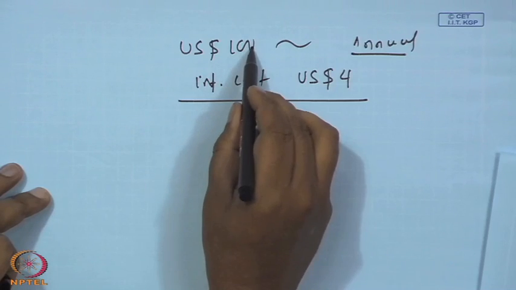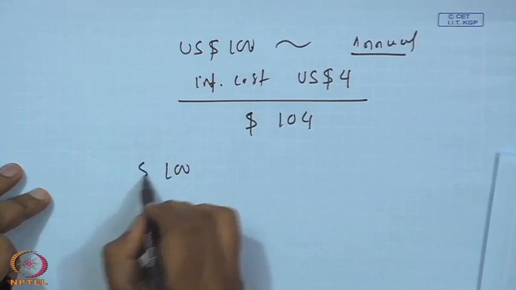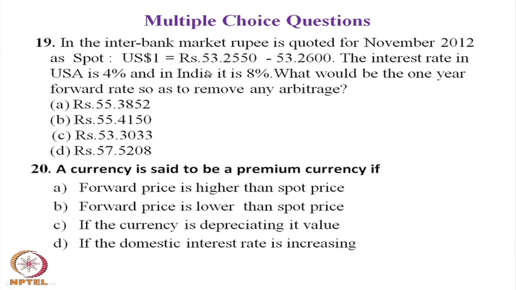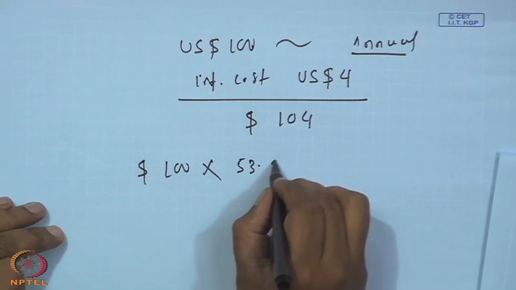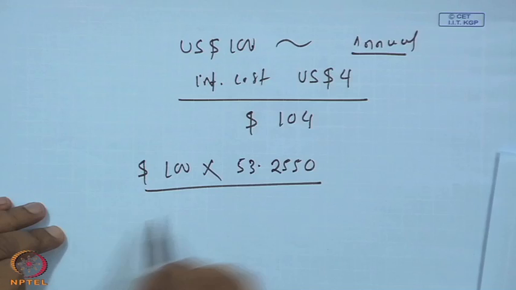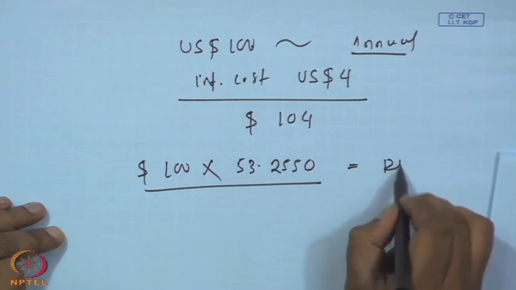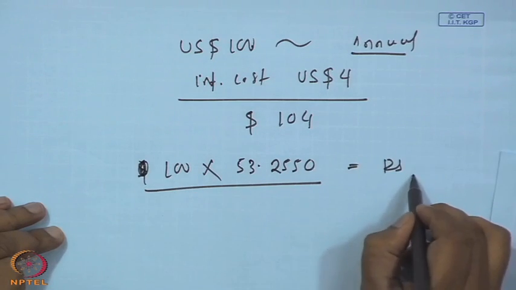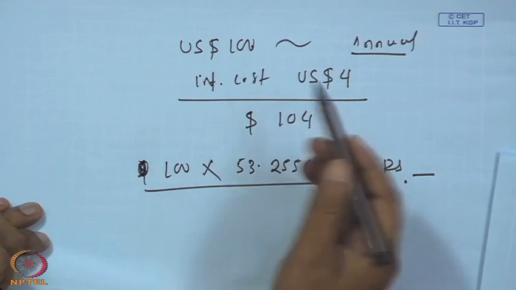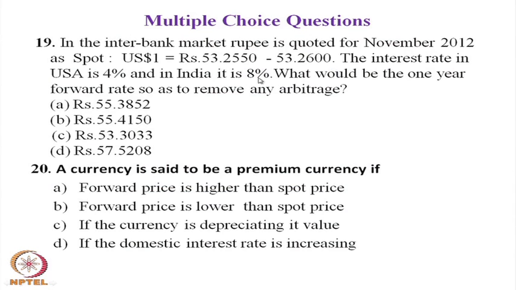When you bring the $100 to India, you have to convert it into Indian rupees. At the selling rate of the dollar you will get 53.2550 rupees per dollar. If you invest this rupee amount in India, you will get an interest of 8%.